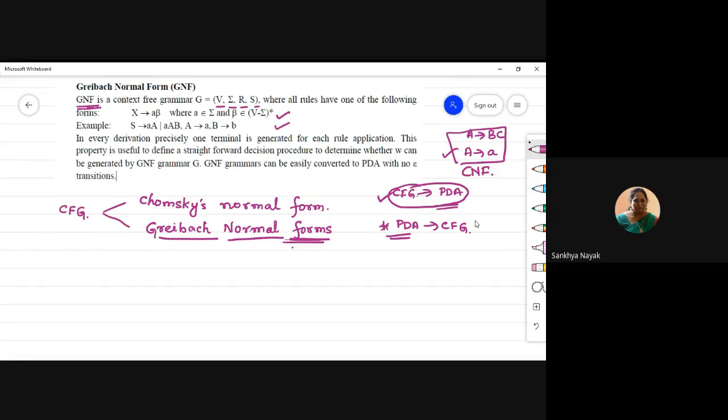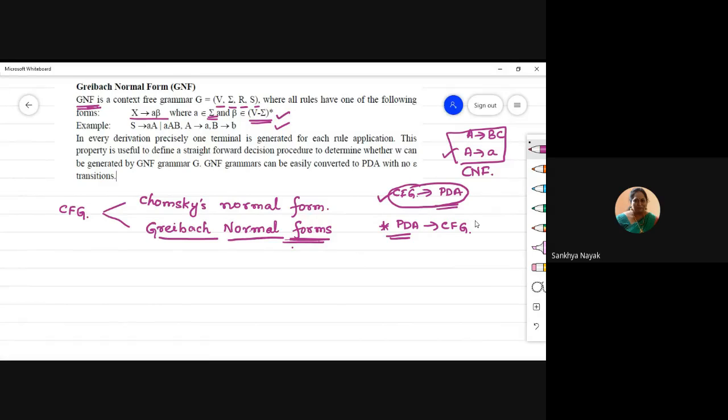Similarly, for Greibach normal form, the grammar can be in this format: X derives A beta. Here A is a part of the alphabet, that means it's a terminal, and beta belongs to V minus alphabet, meaning all non-terminals.